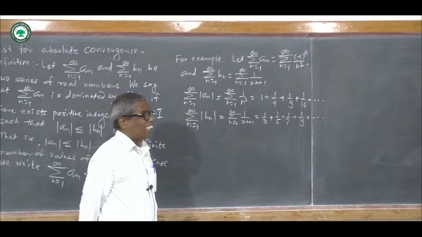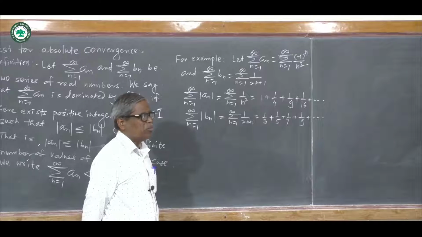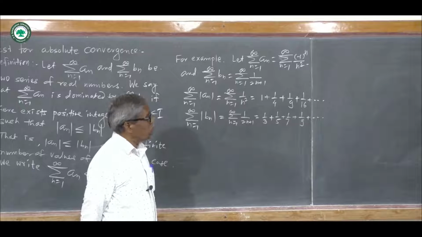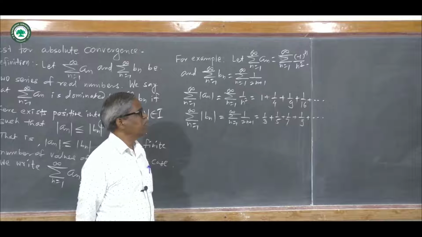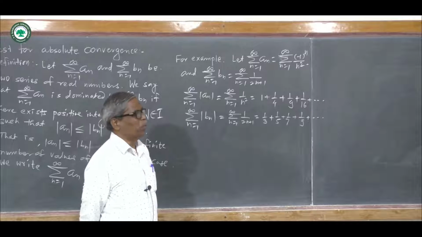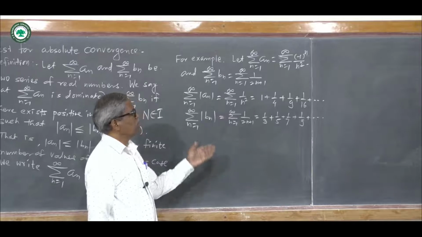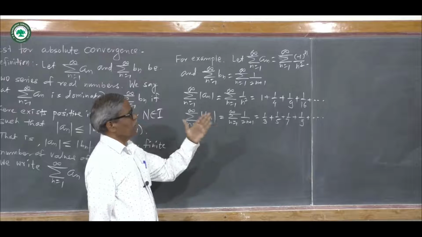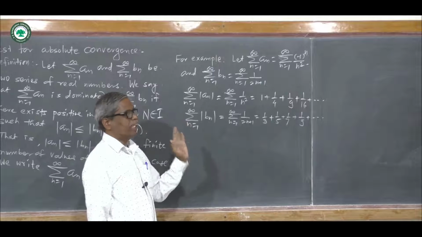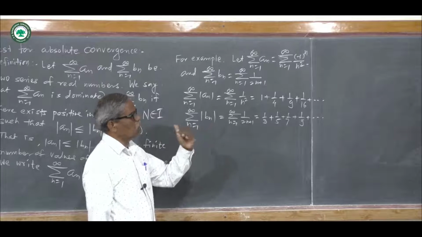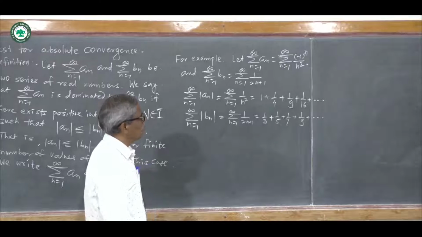Here 1 is greater than 1 by 3, that is mod a_1 is greater than mod b_1. Also a_2 is 1 by 4, which is greater than 1 by 5, that is mod a_2 is greater than mod b_2, and from a_3, a_4 and so on, mod a_n is less than or equal to mod of b_n for all n greater than or equal to 3.